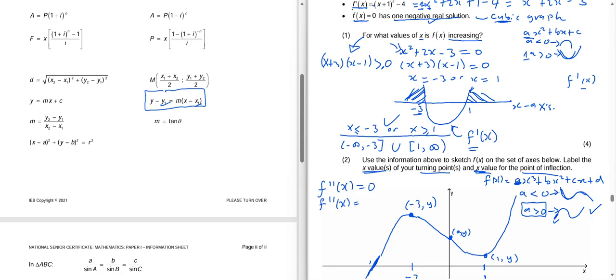If we differentiate it again, we'll get the second derivative, meaning it will be 2x plus 2. And we want 2x plus 2 to be equal to 0. It means that 2x is equal to -2. So we divide by 2, x is equal to -1.